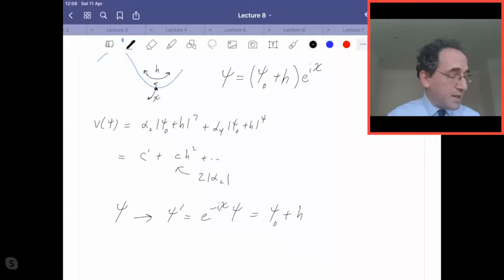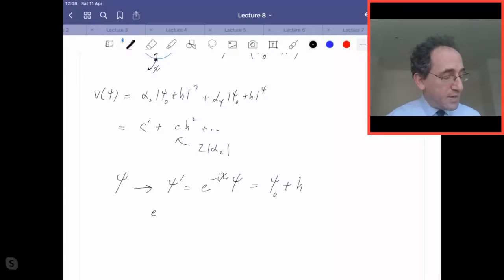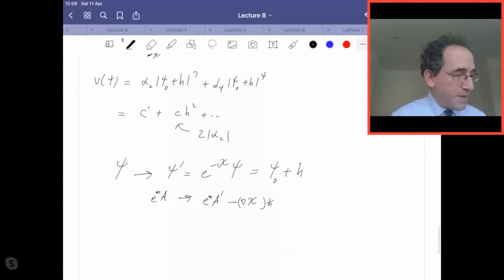by gauge transform. If we plug this back in, at the same time we have to gauge transform A. This goes along for the ride. H bar is unrelated to H, it's my bad notation.